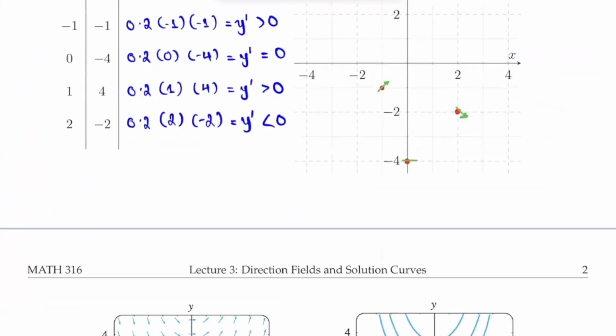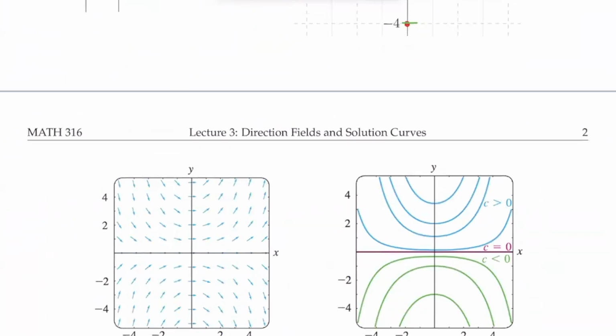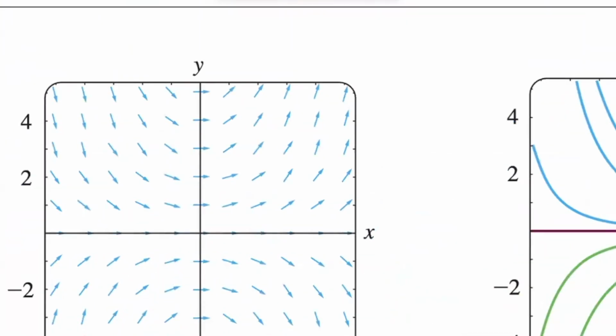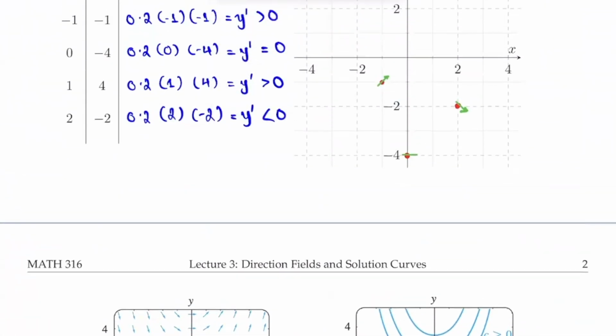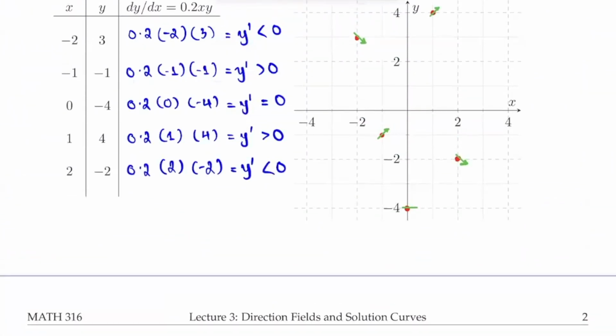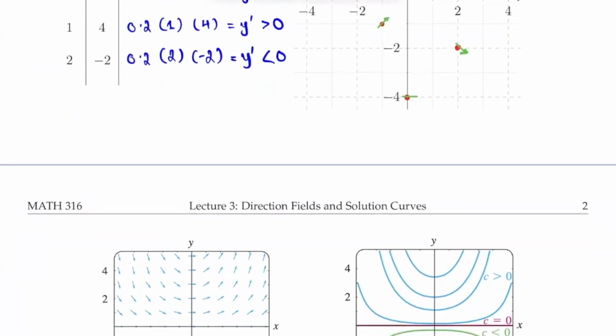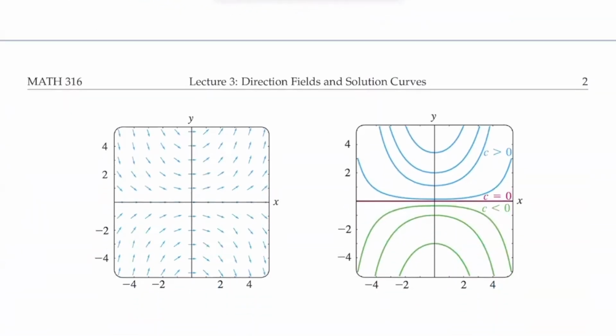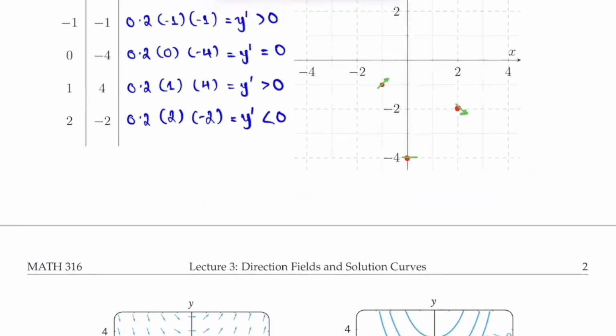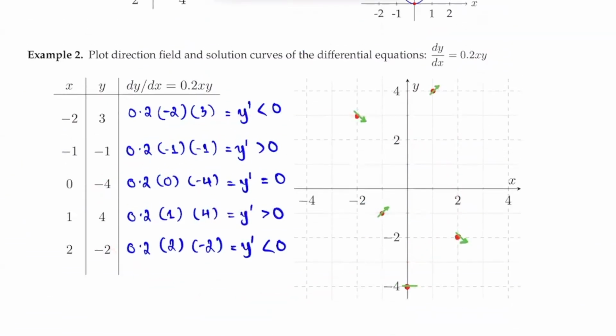At the point (-1, -1), the arrow is pointing up, again consistent with what we have. At the point (0, -4), you have a horizontal line as well. So all of this is consistent with what we just did in the table and graph.